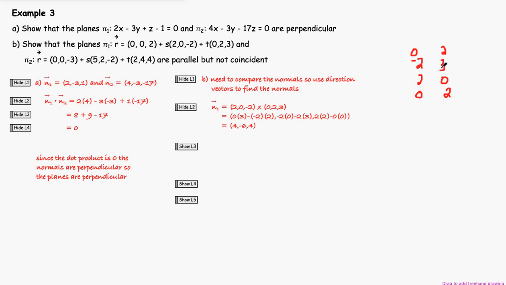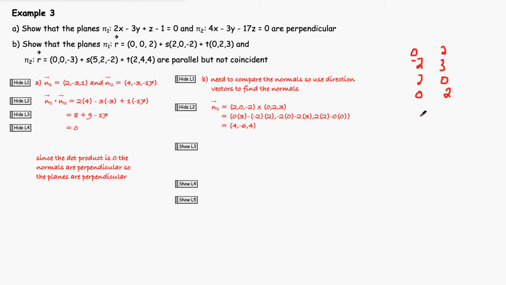So I am starting with 0 to negative 2 to 2 to 0, 2 to 3 to 0 to 2. Now if we do the cross product, we're going to be 0 take away negative 4, which is positive 4. Multiply those two, 0. Multiply those two, 0 take away 6 is negative 6. Multiply those two, 4. 4 take away 0 is 4. So there is normal number 1.